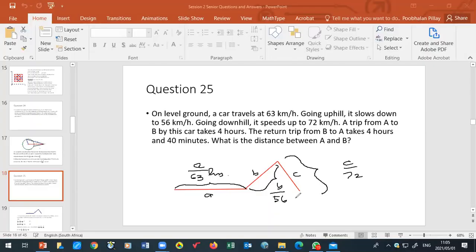Right. Now that is the trip on the upward journey, and it takes 4 hours to travel that. So in other words, when I add A plus B over 56 plus C over 72, the total number of hours is 4.